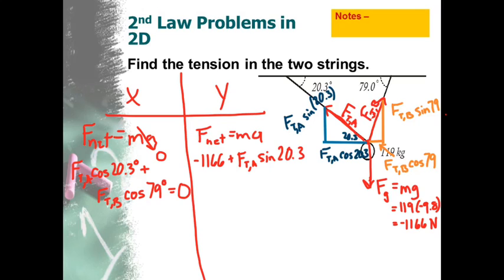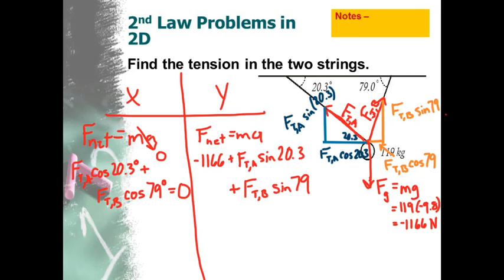And then we have to add this component because it also is going in the y direction, so the force of tension in rope B times sine of 79 degrees. All of that added together gives us our F net.